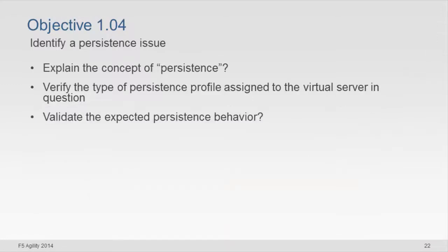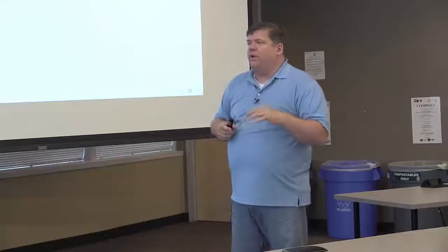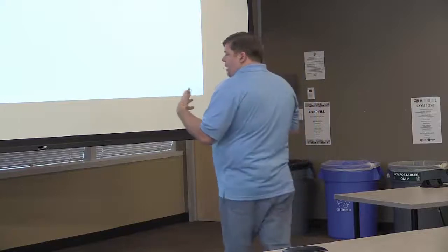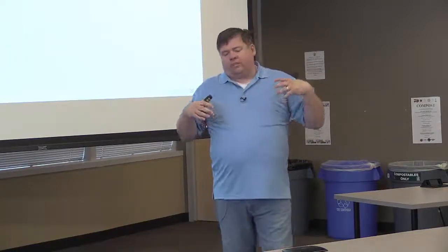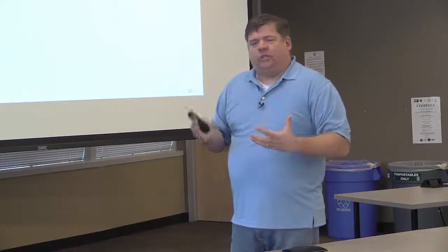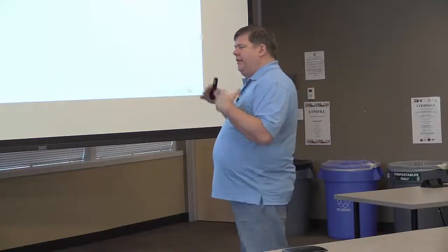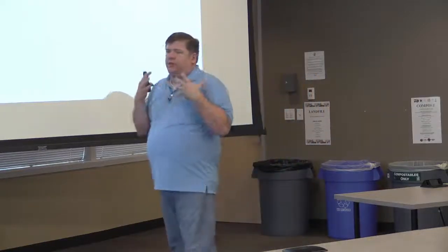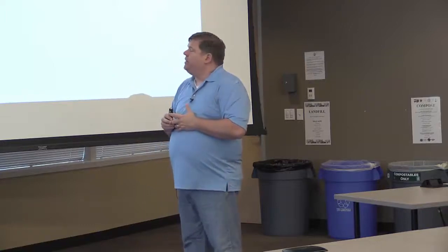How do we validate the expected type of persistence? I think one of the easiest ways for most administrators to validate persistence is, once they've built the virtual server, especially if it's an application like a website or something to that effect, they could easily connect to it themselves and then look in and see if their sessions are being persisted and if it's behaving like you would expect, as a user being stuck to one server for the entire length of the session.